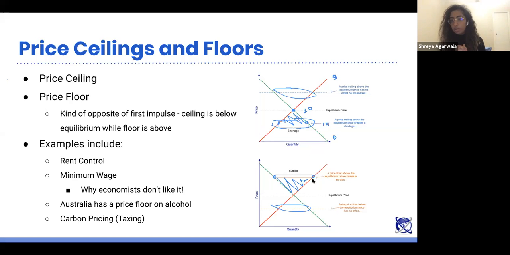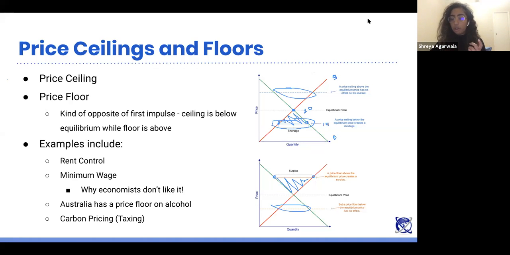Another example would be rent control. This is where governments place a price ceiling, forcing apartments and places that charge rent to price at a lower amount in order to save consumers from having to spend exorbitant amounts on rent.